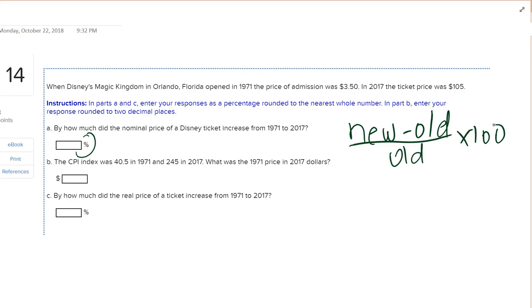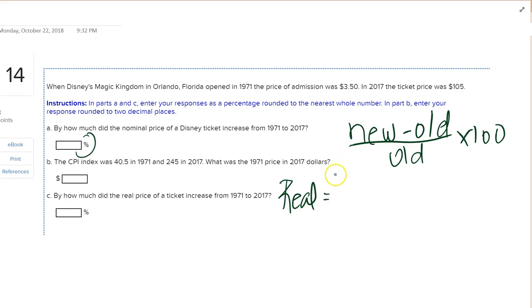And then it gives us a CPI index in 1971 and in 2017. And they want you to calculate the 1971 price in 2017 dollars. And in this case, here's how we're going to set it up. So I'm going to give you the formula, and you'll just use this. This is found in your book. It's a little bit tough to work through, but I'm going to set it up for you.